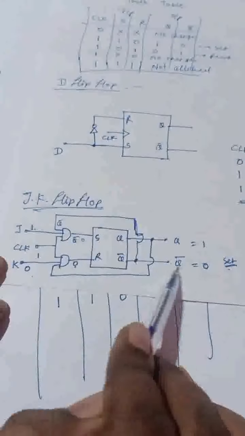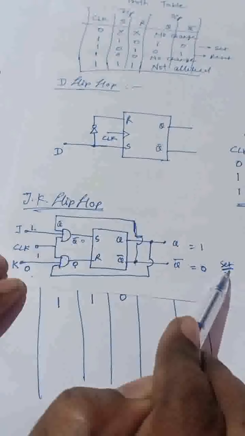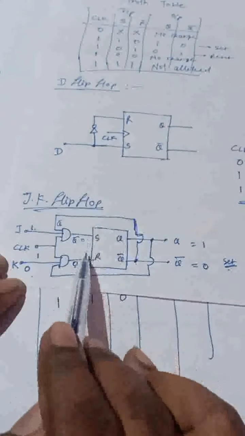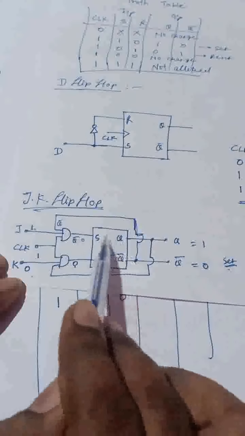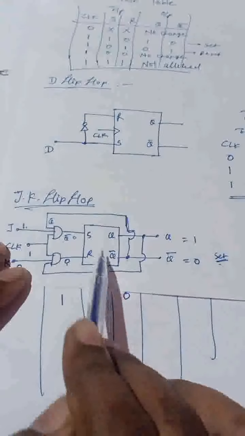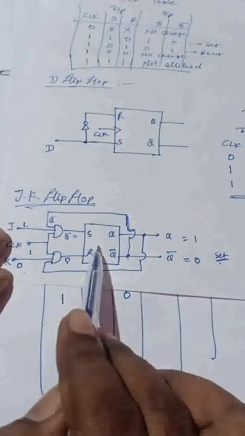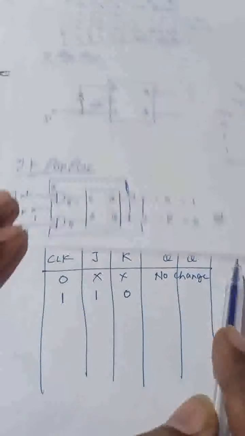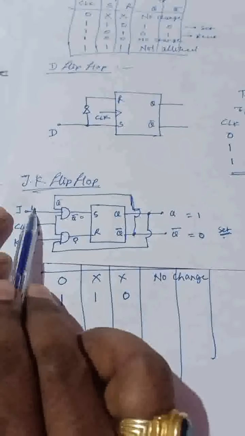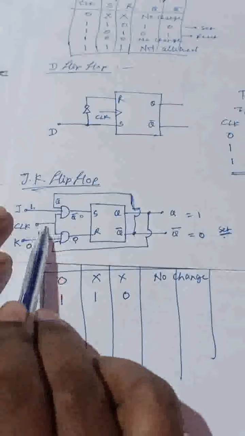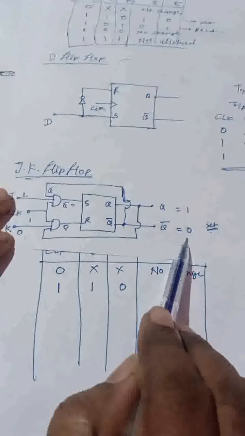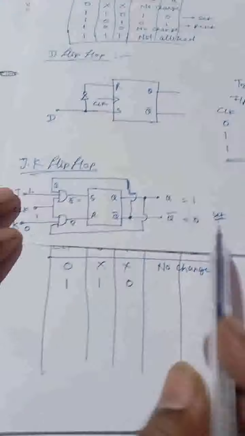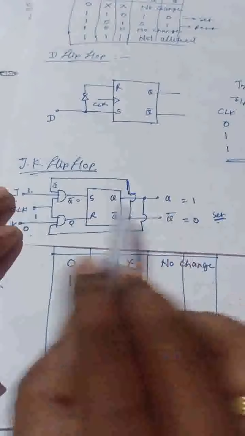When Q bar equal to 0, it is in the set condition, so S0, R0 remains in the previous state, which is the set condition. So when J equal to 1, K equal to 0 and we apply a clock, the flip-flop remains in the set condition.